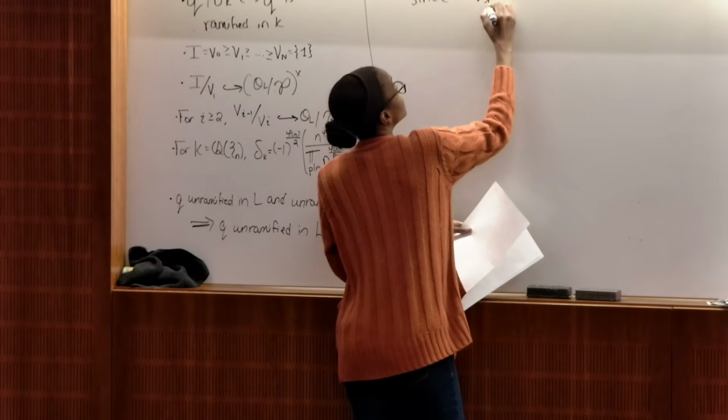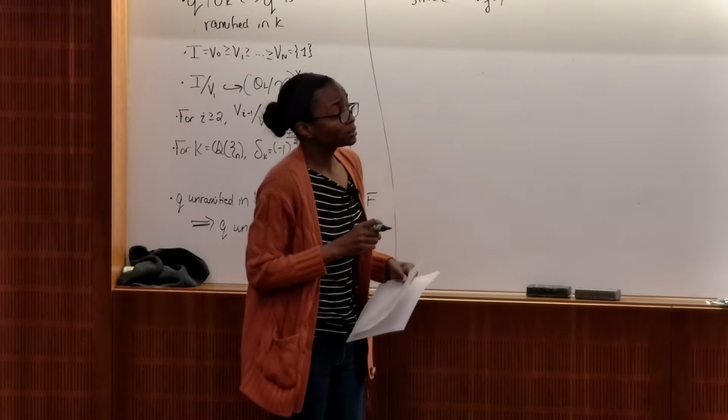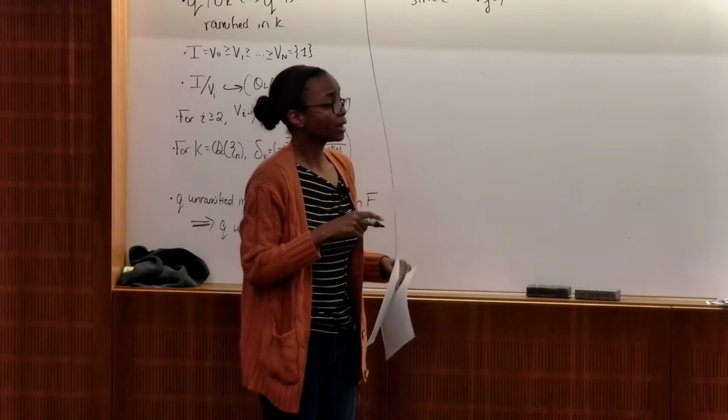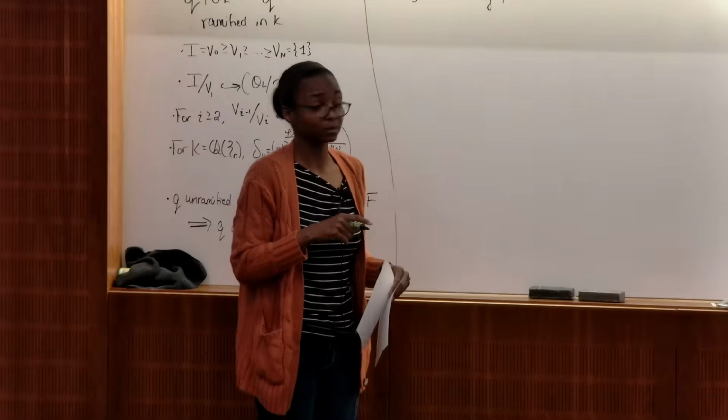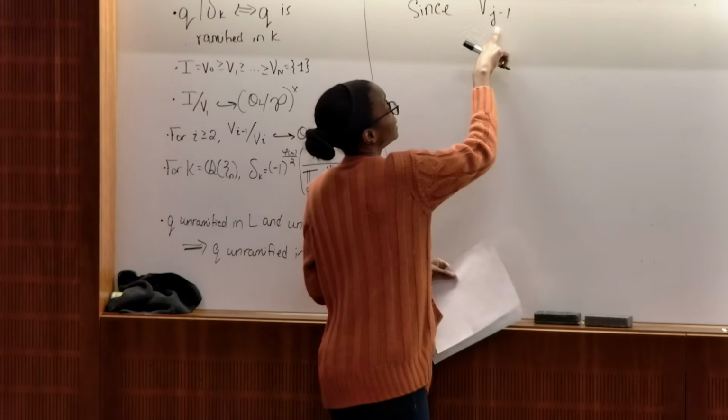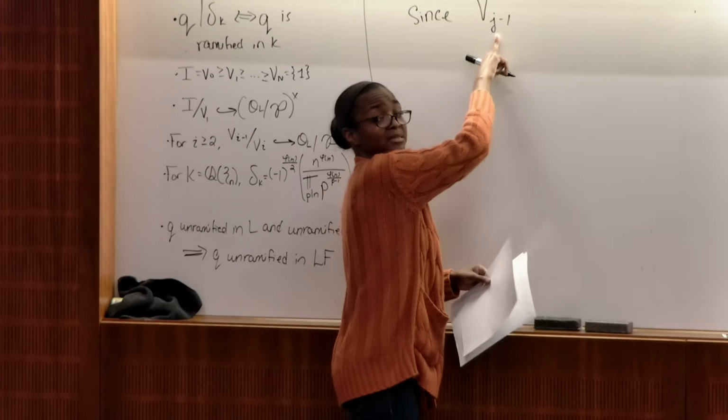By our assumption, j is the smallest integer for which the jth higher ramification group is not all of the Galois group. This means that this one actually is the entire Galois group.